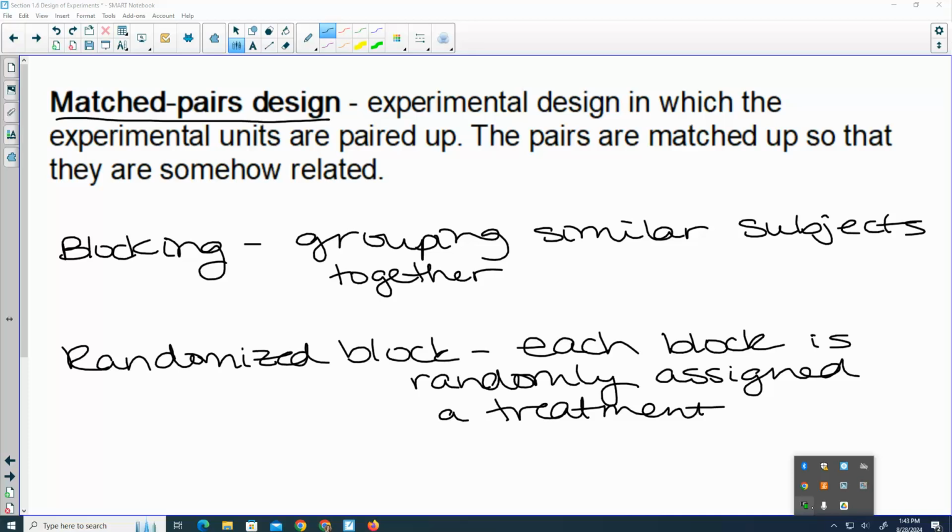Then in each of those groups, I'm going to break you out, and half of them listen to classical and half don't. So I had some means of dividing people, and then within those groups, I randomly gave them a treatment. That's your randomized block. So the block is how we decide to divide people.